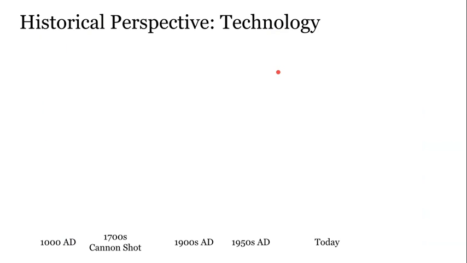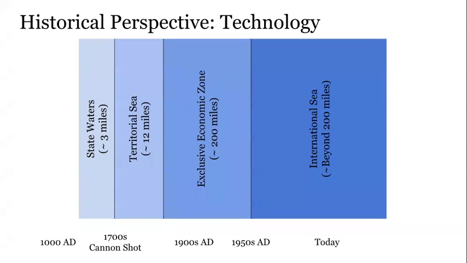So here we can have a historical perspective. And in this historical perspective, one of the things that I'm focusing on for us to consider is technology. The reason why is because technology has been such an important part of us moving offshore. So let's try to put this into a little bit of context.